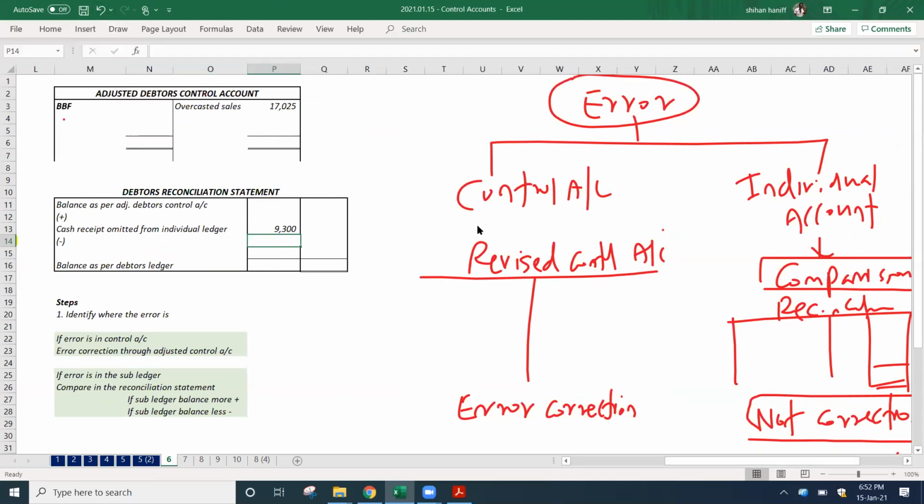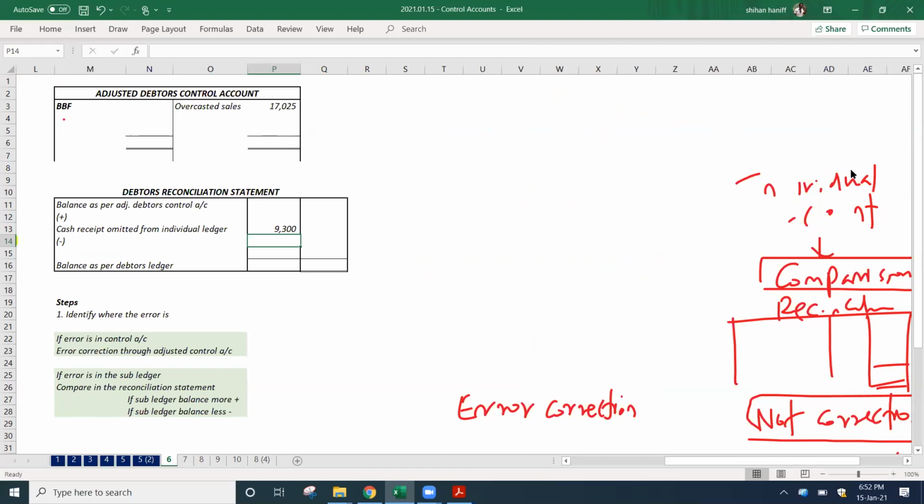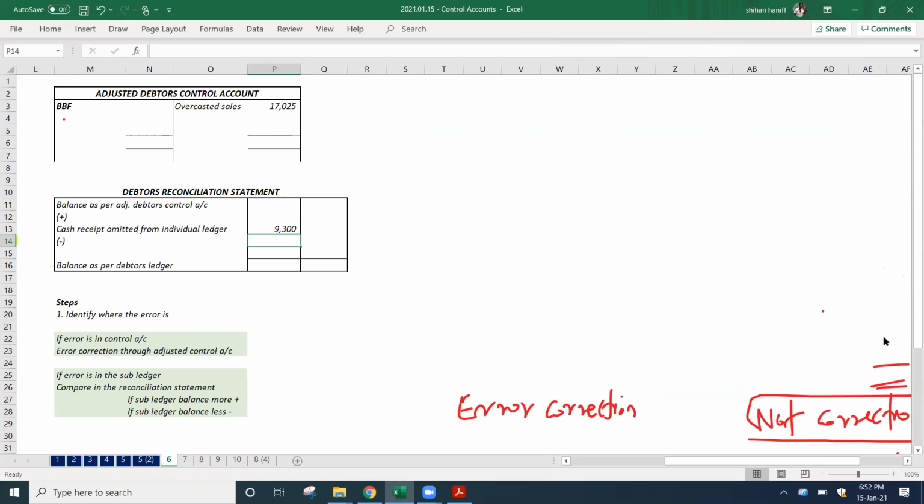So I think still you all have doubts in this. Understand the concept. Carefully understand the concept. Then this is very easy. Okay.